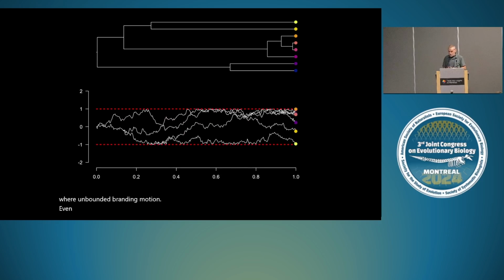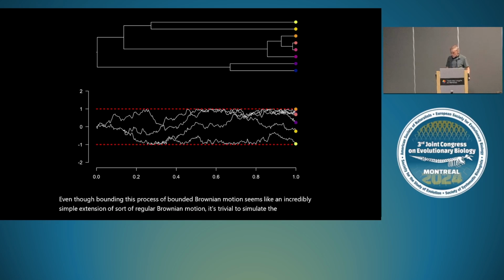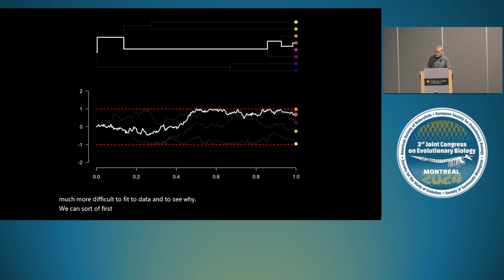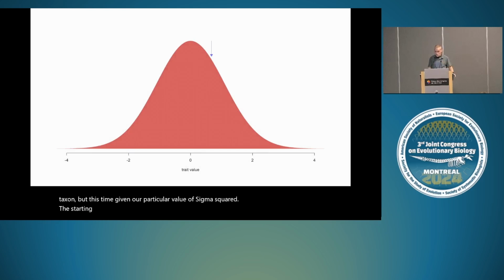Even though bounded Brownian motion seems like an incredibly simple extension of regular Brownian motion, and is trivial to simulate, the model is much more difficult to fit to data. To see why, we can first consider evaluating the probability of the tip value for the same red taxon, but this time given our particular value of sigma squared, the starting value and the bounds under the process.